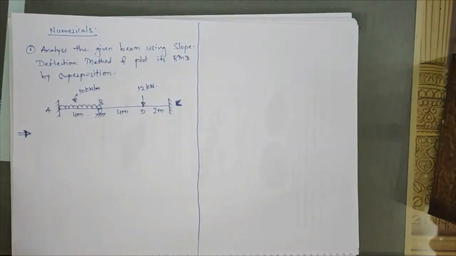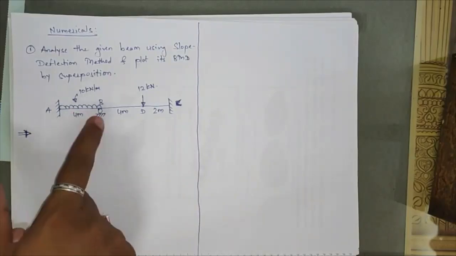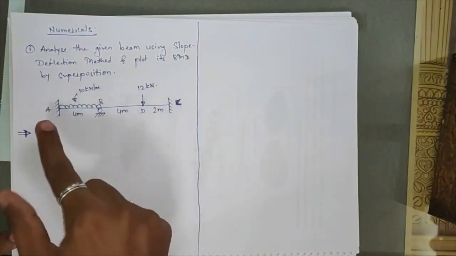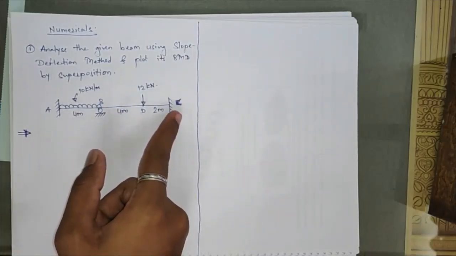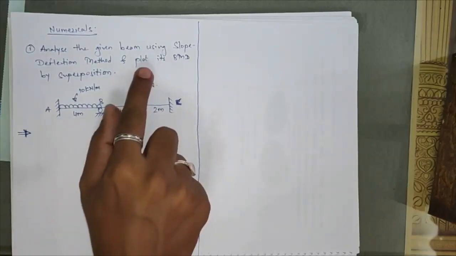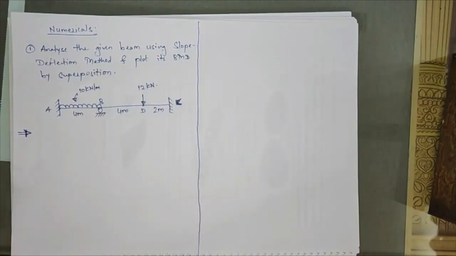Now, analysis means what? You have to calculate the bending moment at each end, that is at end A, end B and end C. Further, you have to plot the bending moment diagram by superposition. We have seen these diagrams in your SA1, in fixed beam calculations.